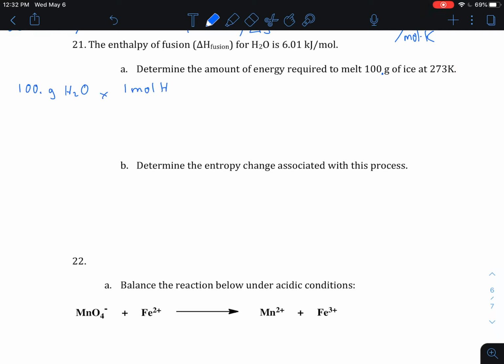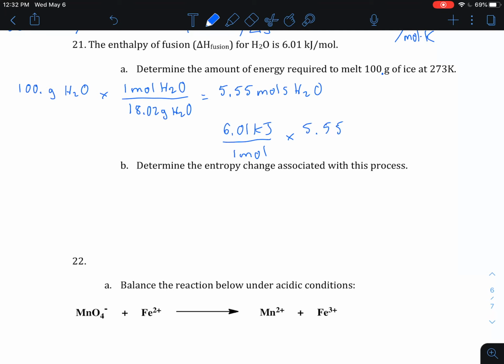So 100 grams of water, again I'm buying myself 3 sig figs with that dot, 1 mole of water over 18.02 grams. That gives me, we'll call it 5.55 moles of water.